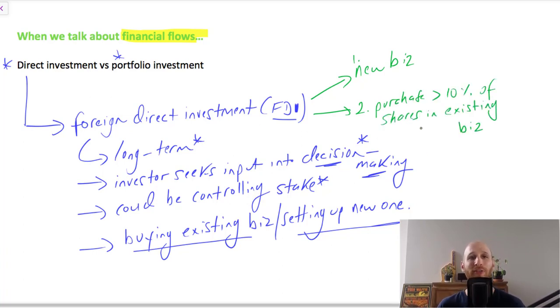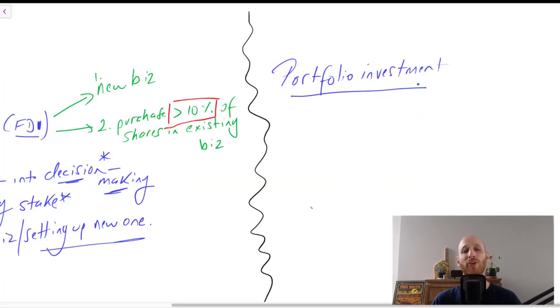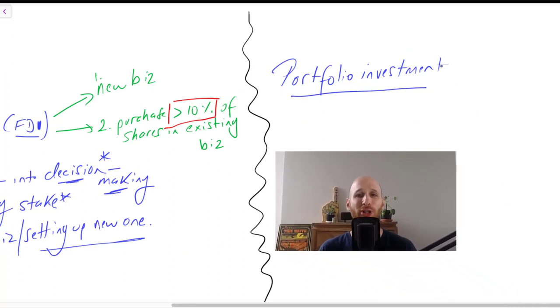The other option is the investor comes in and purchases more than 10% of the shares on offer in an existing business. That is also considered foreign direct investment, FDI.